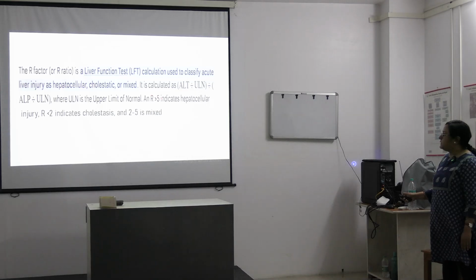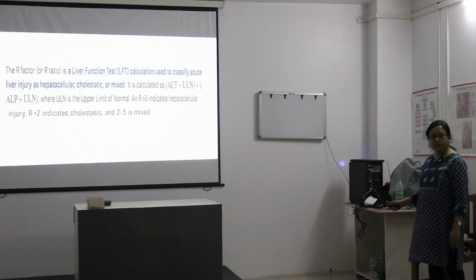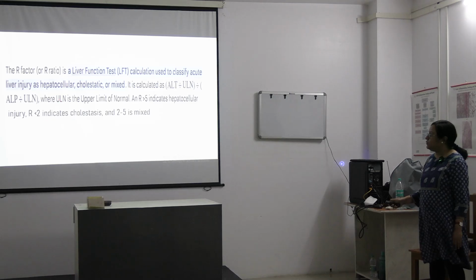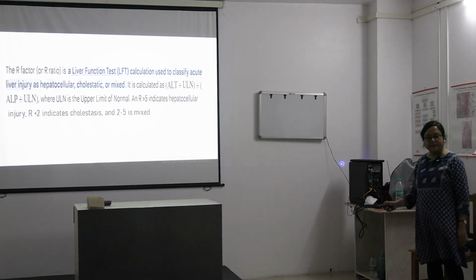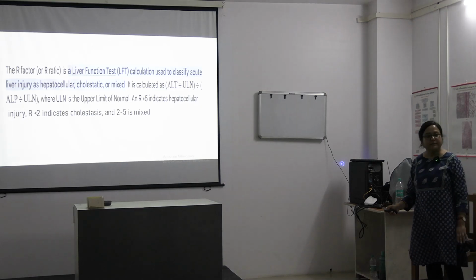So if the R is more than 5, it indicates hepatocellular injury. If it is less than 2, it indicates cholestasis, and between 2 to 5, it is a mixed pattern.